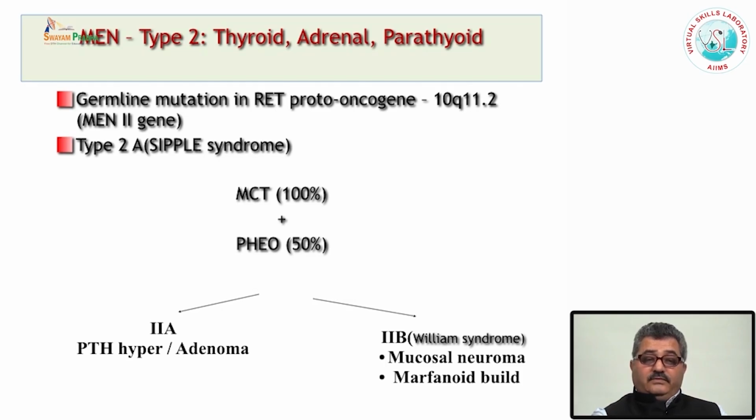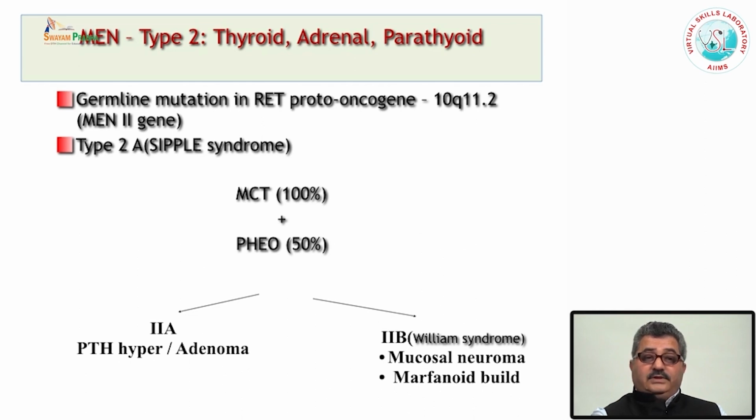They are associated with pheochromocytoma. The difference between 2A and 2B is that in type 2B, the presence of mucosal neuromas and the marfanoid build of the patient is more common, and it can help in the differentiation from type 2A.